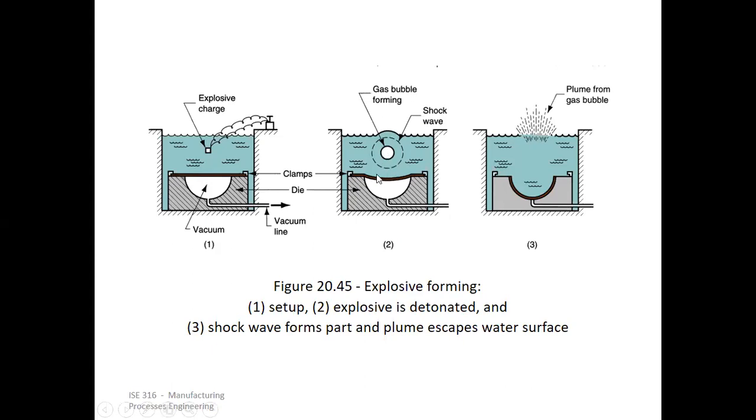As it travels down, the sheet metal is acted upon by sudden loads, which try to make the sheet take the shape of the contour that is there. Therefore, you would have the final shape, and basically the gas bubble upon explosion. So this is how explosive forming works.